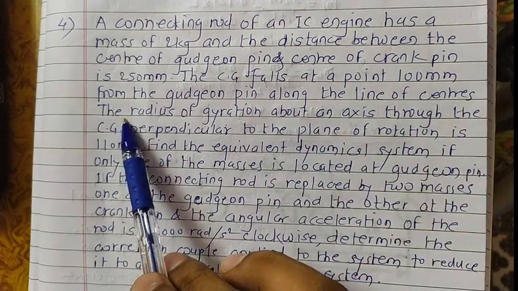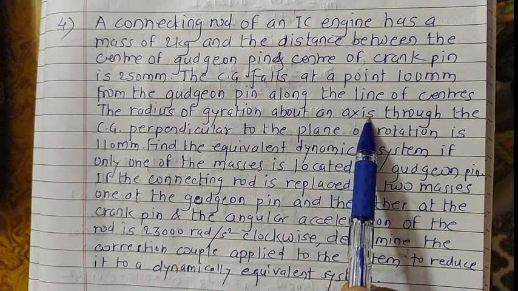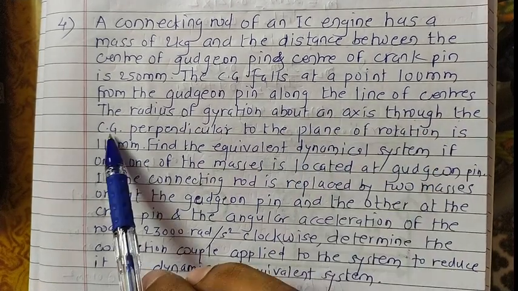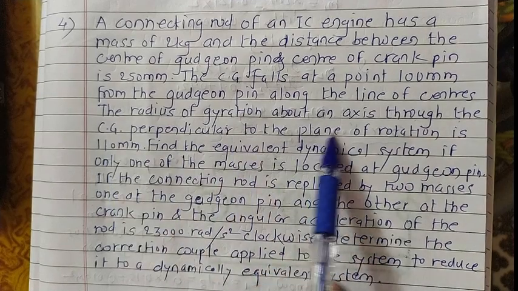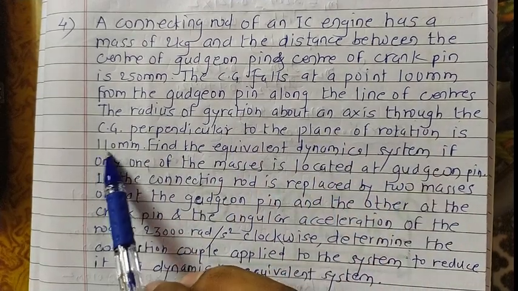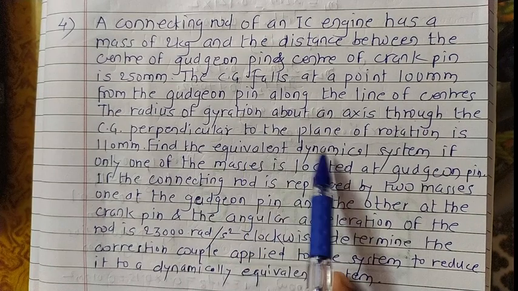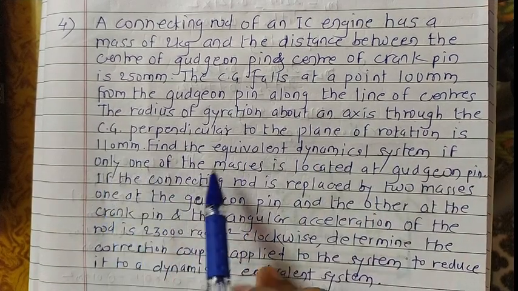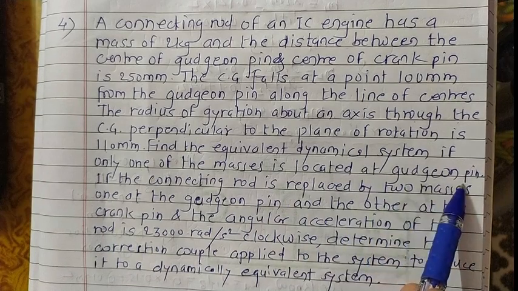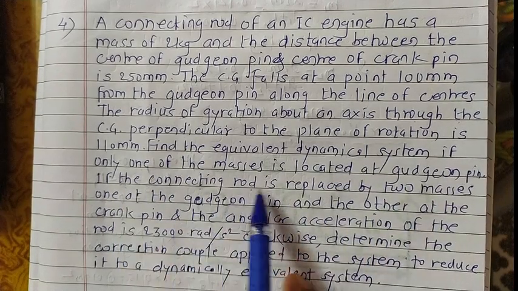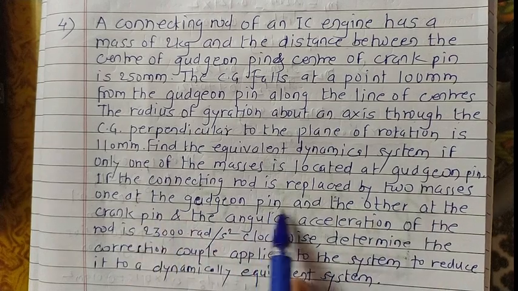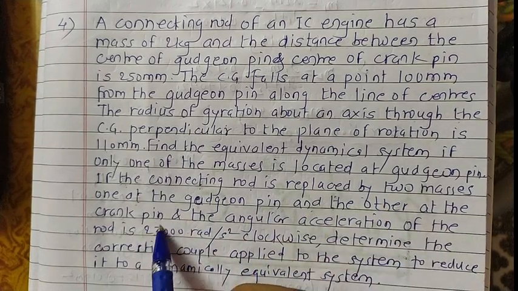The radius of gyration about an axis through the center of gravity perpendicular to the plane of rotation is 110 mm. Find the equivalent dynamical system if only one of the masses is located at the gudgeon pin, if the connecting rod is replaced by two masses, one at the gudgeon pin and the other at the crank pin.